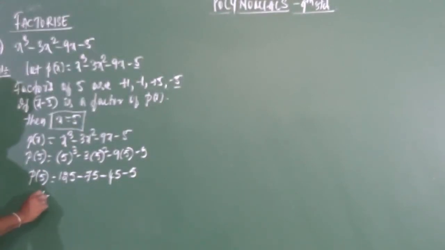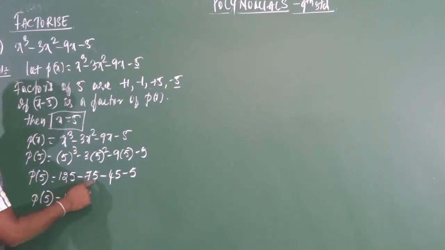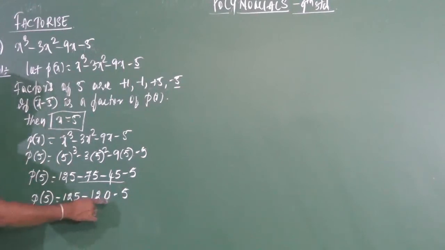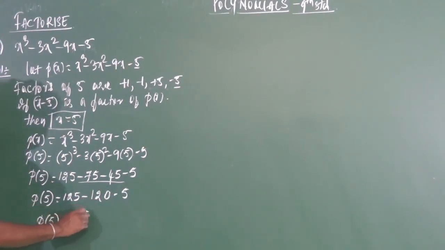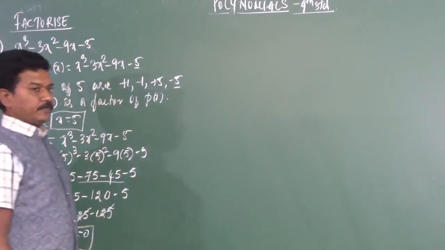So p of 5 is equal to 125 minus 120 minus 5, that is minus 75 minus 45 is minus 120. So p of 5 is equal to 125 minus 125, they cancel. So p of 5 is equal to 0. Therefore x minus 5 is a factor of p of x.